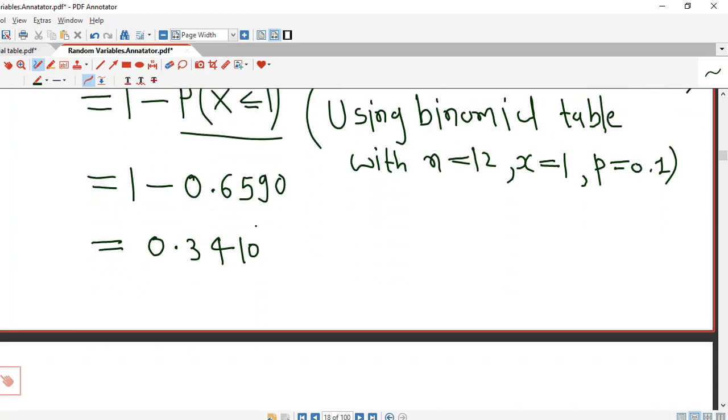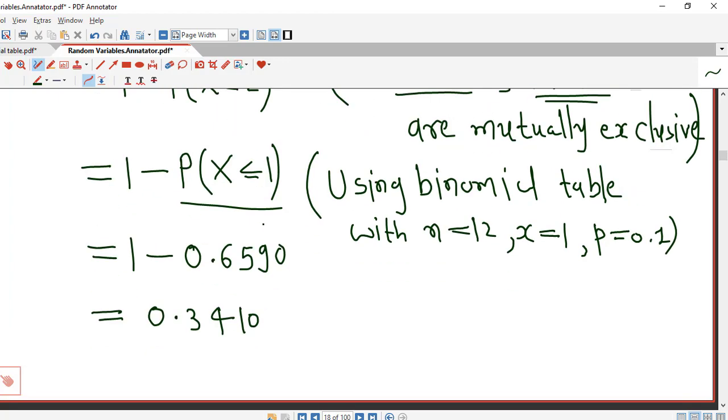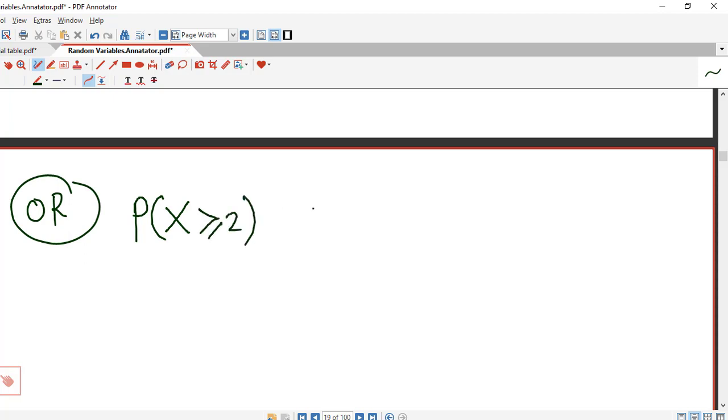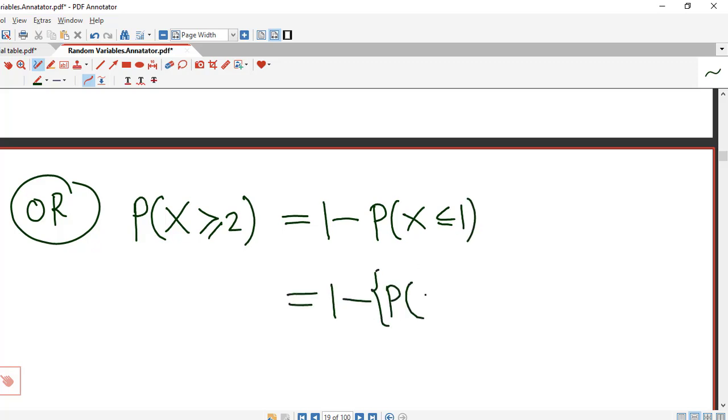Now if you don't want to use the binomial table, then you have to go this way, using that formula: probability that x is greater than or equal to 2 equals 1 minus probability that x is less than or equal to 1. So this means you have to go up to x equal to 1: probability that x equals 0 plus probability that x equals 1.